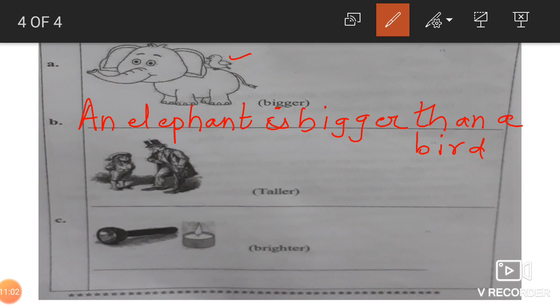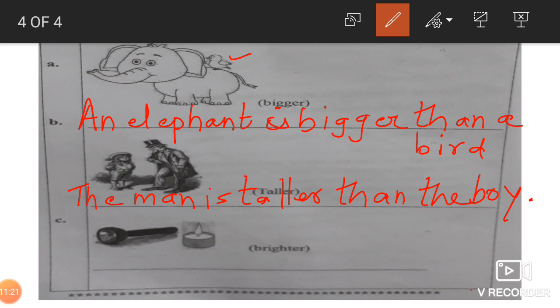Here again two people, the man is taller, so we'll write the man is taller than the boy. Okay, if you're writing a man, then you write a boy. If you're writing the man, so you write the boy.